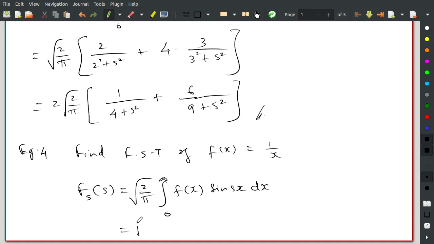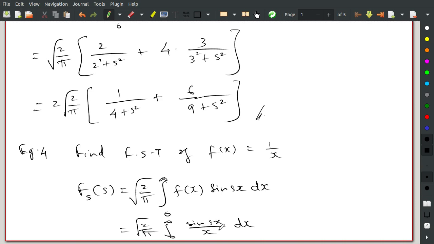And if we substitute our f of x, we have integral 0 to infinity sine sx by x dx. Okay, so we have a standard integral for sine theta by theta, but we have sine sx divided by x. For that we have to do a simple transformation to make this function become sine theta by theta.